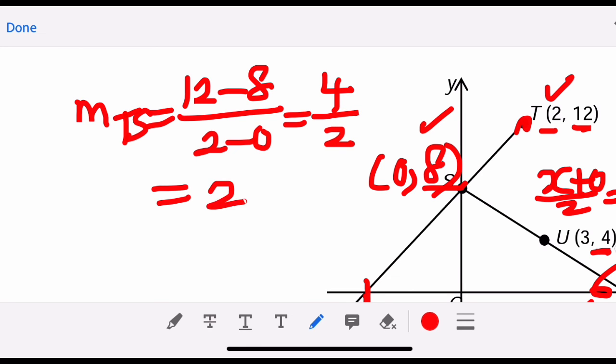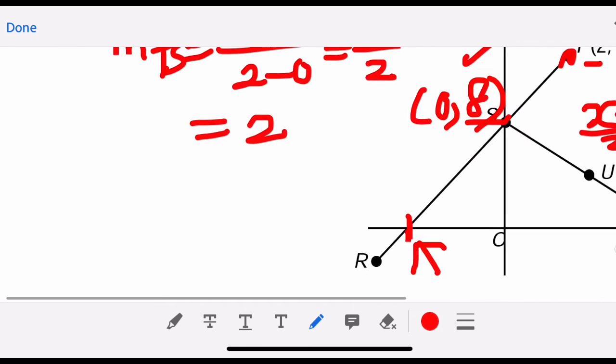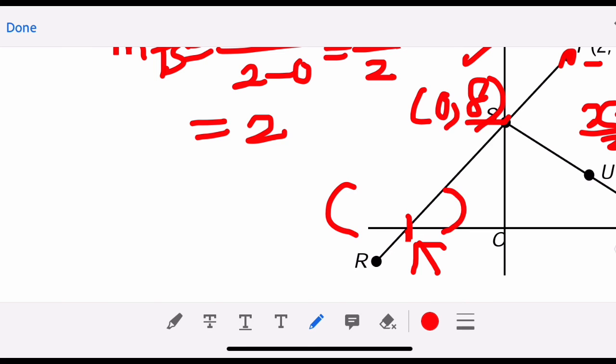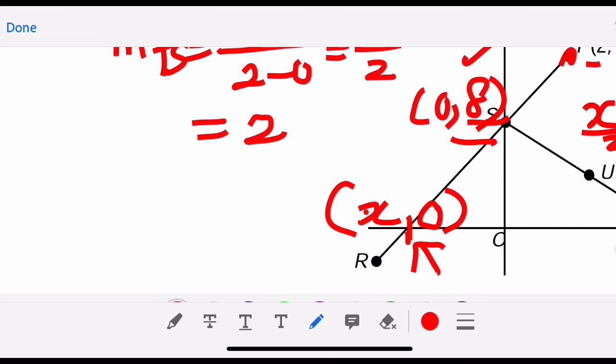So gradient is 2. Now I want to find the gradient for the SR. So let's say for sure y will be 0. This one, I'm not sure, I put x. So I'm going to find the gradient. They should have the same gradient. Why? Because they are on the same line.